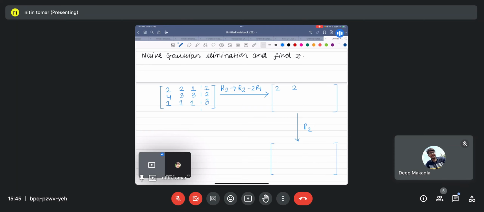And this will give you 2, 2, 1. This will give you 1. Then this will give you 0. This will give you minus 1 if I'm not wrong. Then this will give you 1 and 0.